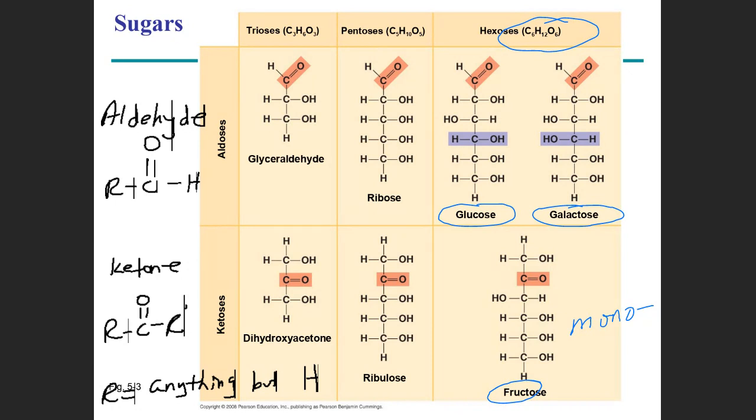That will help us to determine what kind of sugar we have. But C6H12O6 is the same chemical formula for glucose, galactose, and fructose. Although normally when you write C6H12O6, we're talking about glucose. But it could be the other 2 monosaccharides, but most of the time when you see that formula, it's referring to glucose.